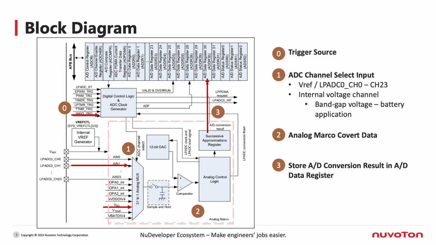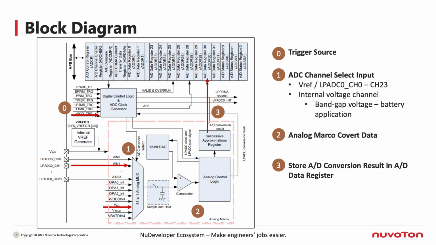This slide shows the complete block diagram of the low power ADC. Once the system voltage is stable, the ADC can be controlled sequentially from digital 0 to 3. From the block diagram, you can see that the first step is to select the ADC trigger source, such as software trigger, EPWM trigger, PWM trigger, or timer trigger.